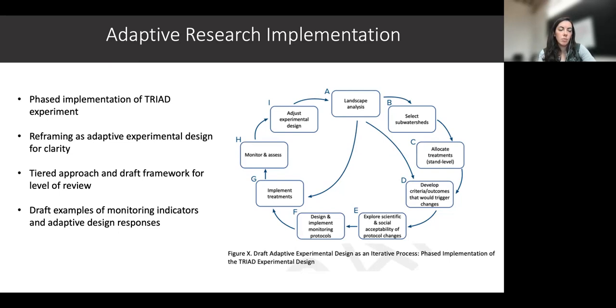Also, it reframes the adaptive management approach as more of an adaptive research or adaptive experimental design approach.